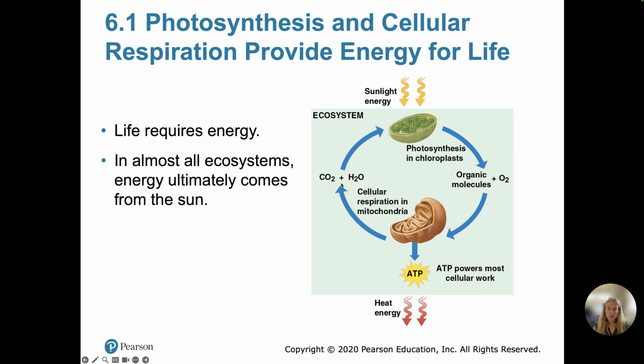The products from cellular respiration are the energy poor CO2 and H2O, which are the reactants in photosynthesis and become higher energy organic molecules after the addition of sunlight. So photosynthesis and cellular respiration are tightly linked, and you need both to provide the energy for life. Almost all organisms have mitochondria, and again, only plants and photosynthetic protists have chloroplasts.